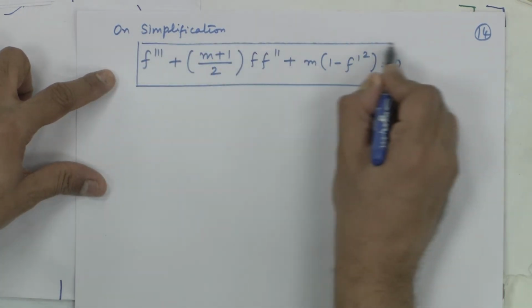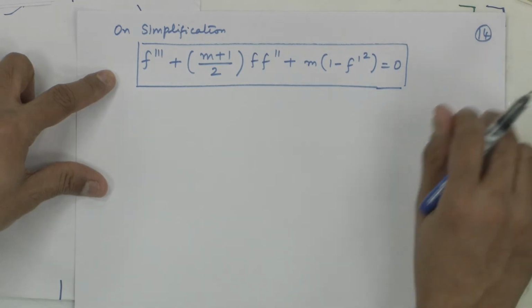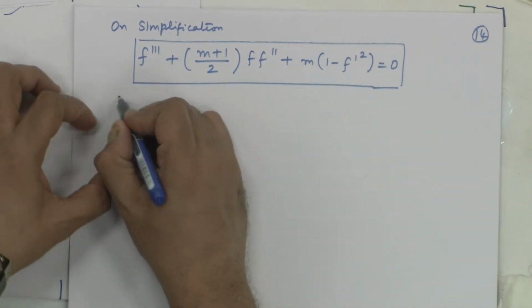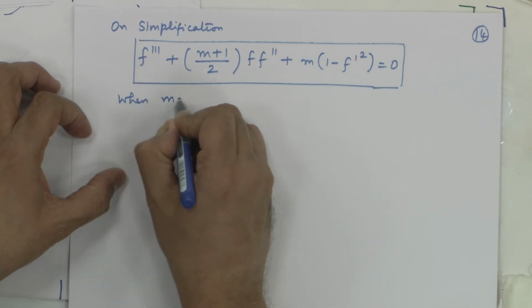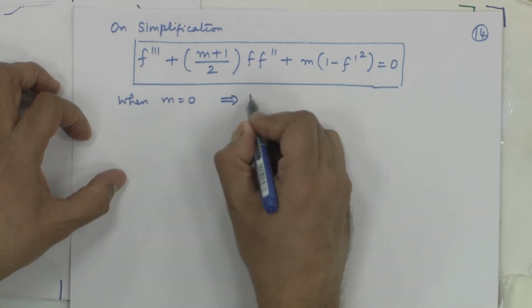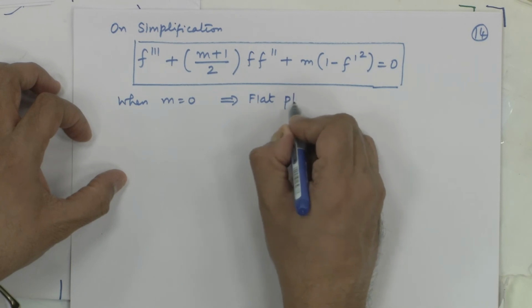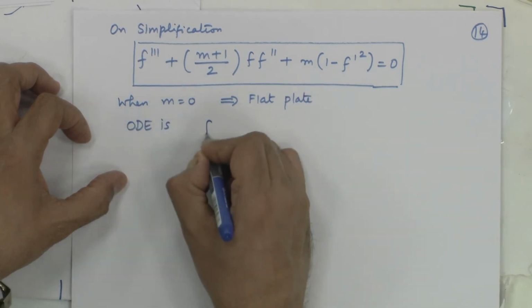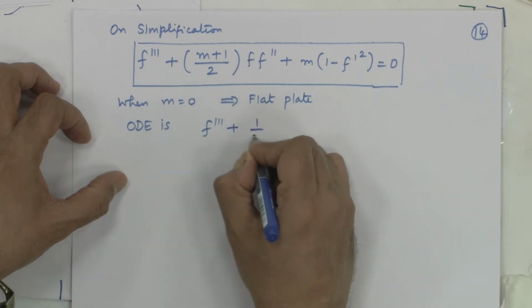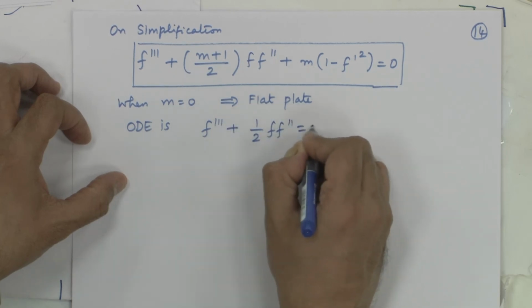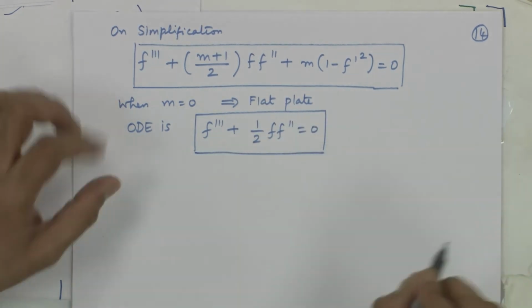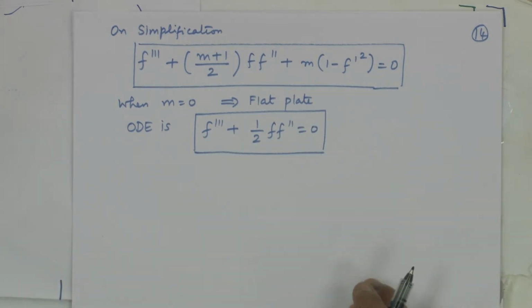Subject to 3 boundary conditions which are similar, except that now you would treat them with f. When m equal to 0, you get flat plate. So, your ODE becomes f triple prime plus half f double prime equal to 0. This is what you will see in textbooks and this is what Blasius has solved for us.